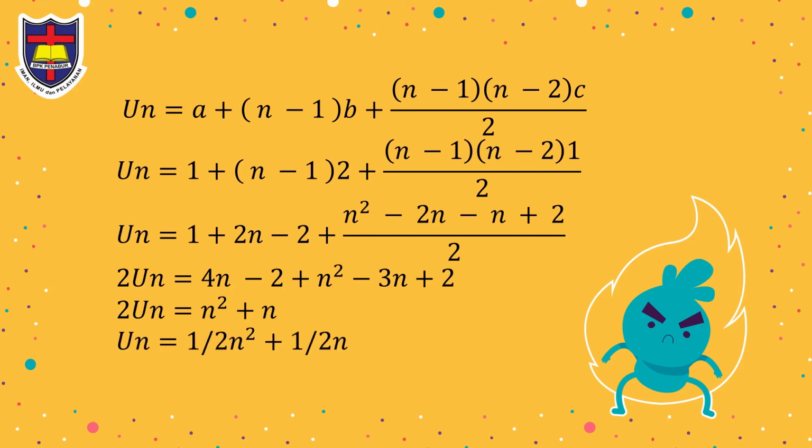Supaya kita balikin lagi jadi rumus Un, kita harus bagi 2 ruas dengan angka 2. Jadi Un sama dengan n kuadrat bagi 2 atau setengah n kuadrat ditambah n bagi 2 atau setengah n. Jadi kita punya hasilnya adalah Un sama dengan setengah n kuadrat tambah setengah n.